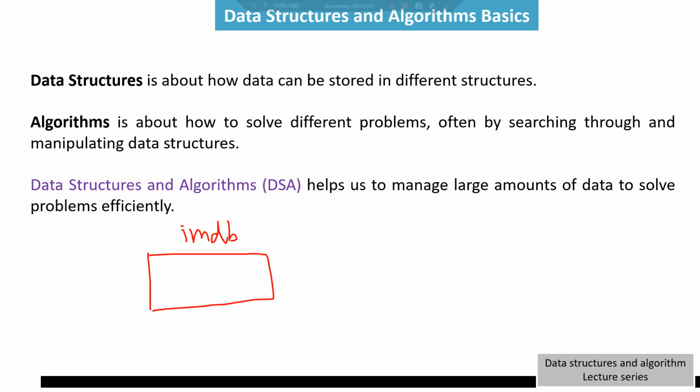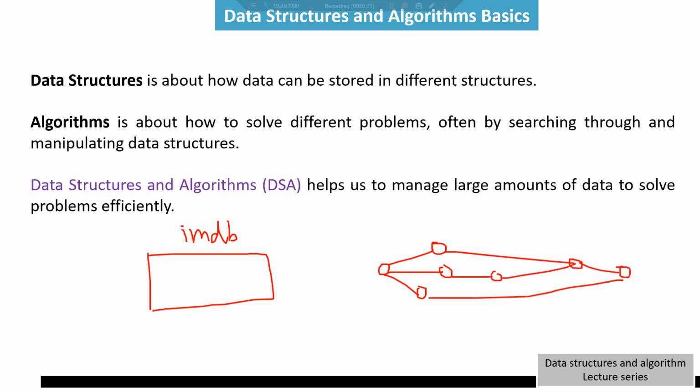If you consider the example of, let's say, GPS system, so it may take some form of something like this. That is, there will be some starting point, there will be some ending point and likewise, right? So depending on the type of data, the different data structure is required.